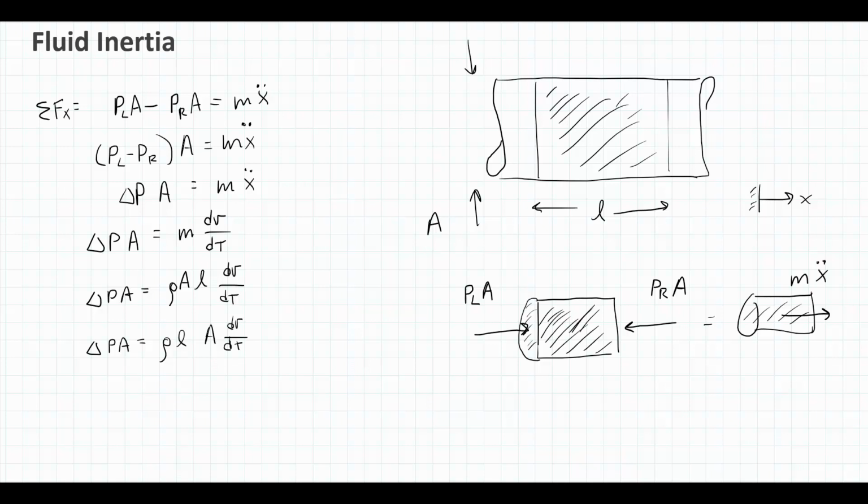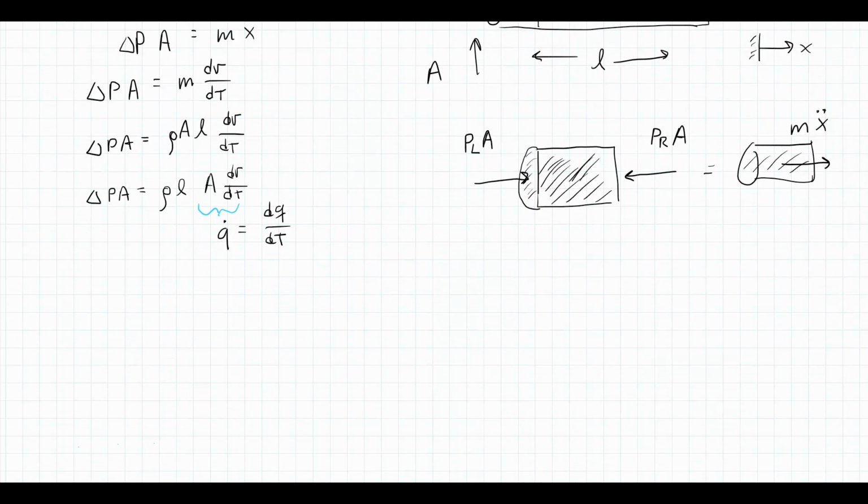Well, this A dv dt, thinking back to fluid dynamics you have seen before, we often called this Q dot, which is dQ dt, if we want to write it that way. So A times dv dt I can now rewrite as the time derivative of the volumetric flow. So A dQ dt, I'll write it that way.